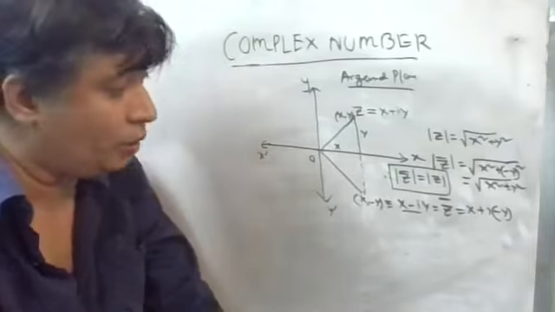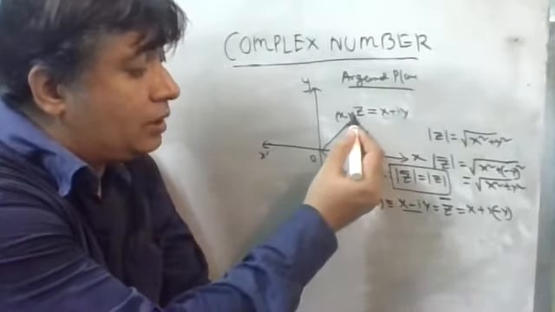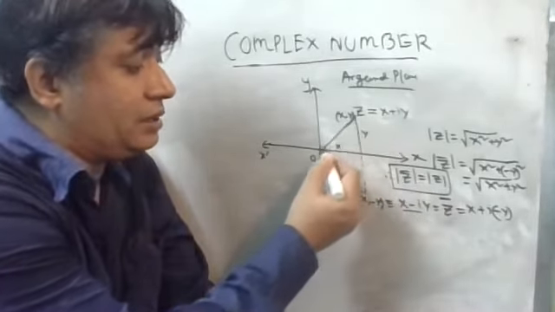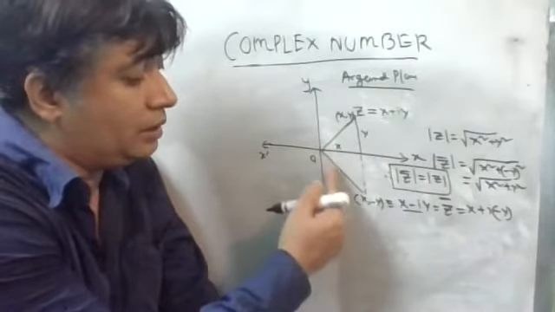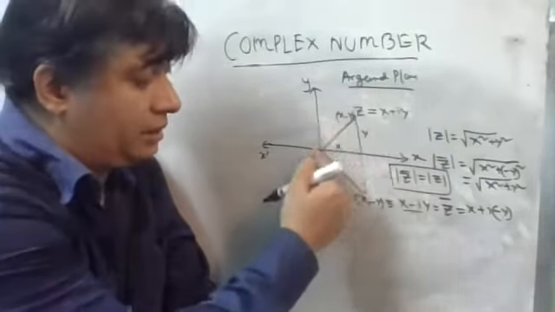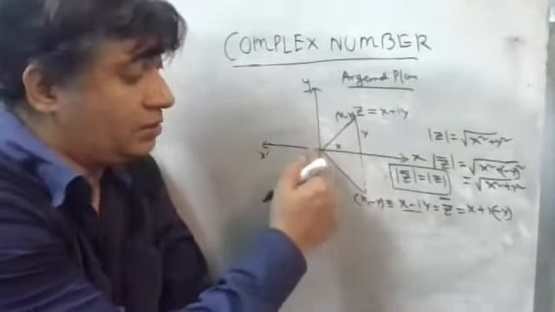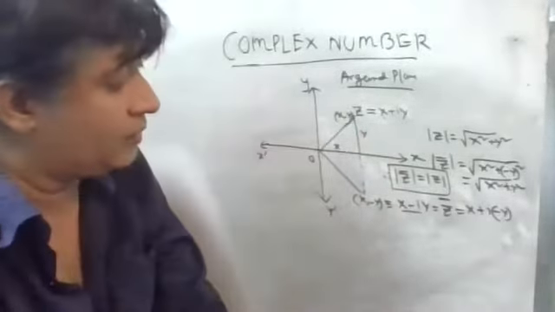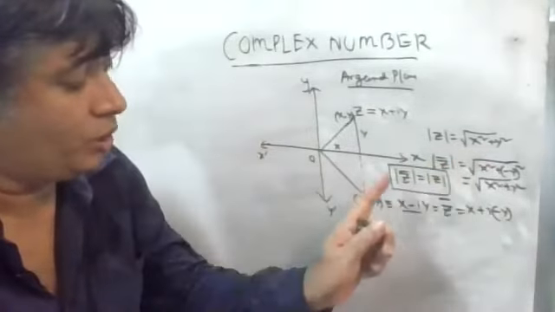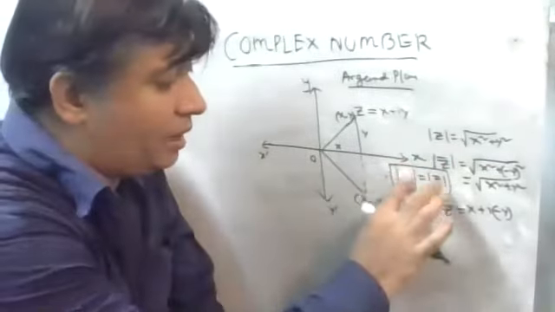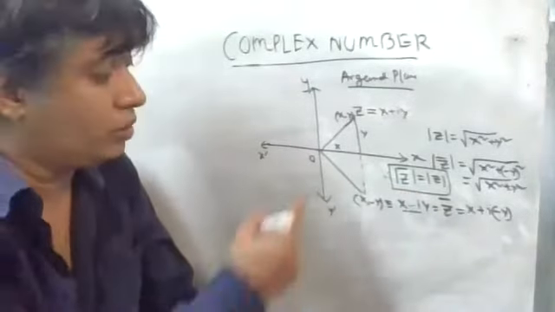Okay, so this is the hypotenuse, and that movement in the diagonal does not depend on the coordinate geometry, does not depend on the components of the Cartesian form. Okay, it will always remain plus. So mod z bar is equal to mod z. A new concept you have got.